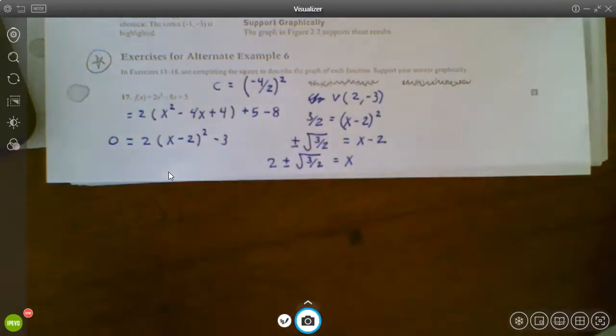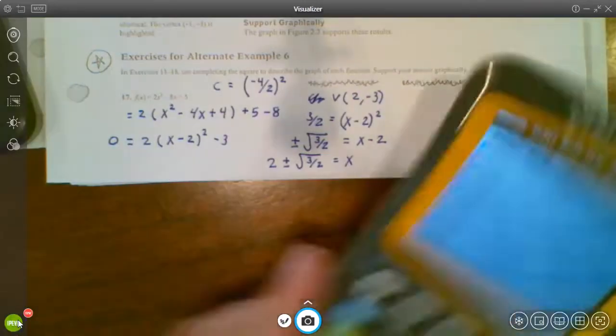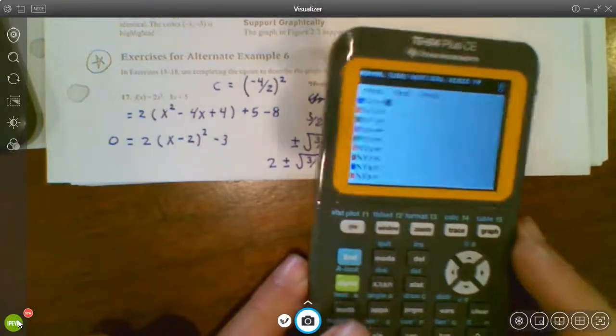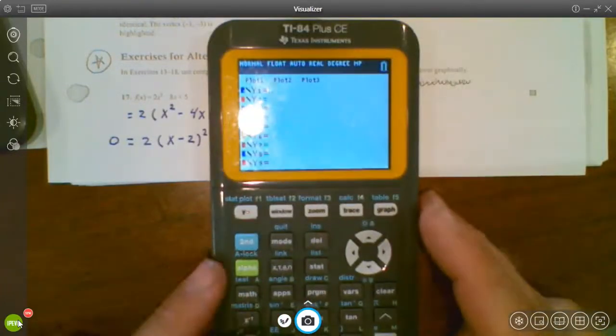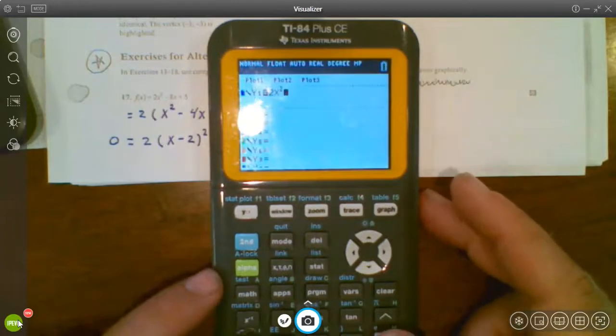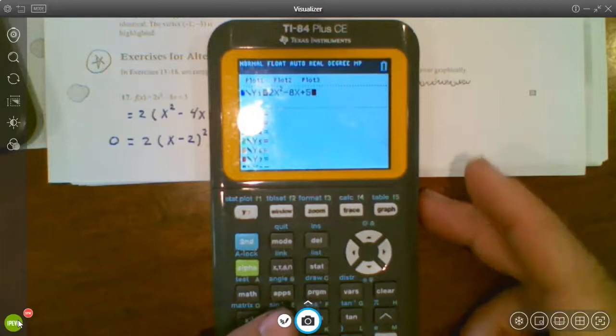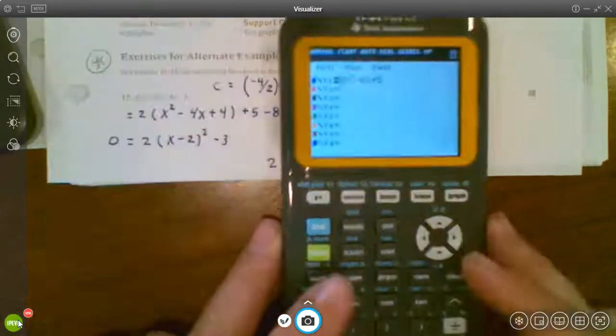If they want you to back yourself up graphically, let's peek at these real quick here. So if we go to our y equals, I'm just going to start with the original function, 2x squared minus 8x plus 5. And I'm going to graph them both right on top of each other just so we can show that our answer was correct.